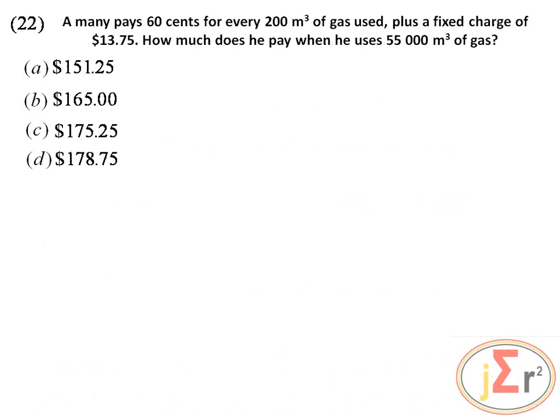A man pays 60 cents for every 200 meter cube of gas used, plus a fixed charge of $13.75. How much does he pay when he uses 55,000 meter cube of gas?